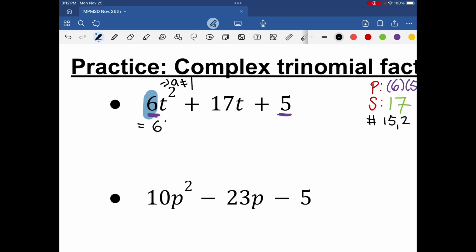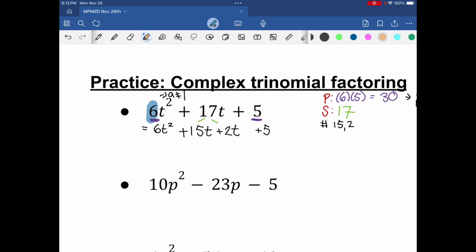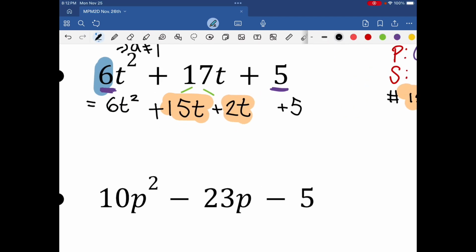So I'm going to rewrite everything, the first term and the last term, and my middle term splits. So I'm literally taking the numbers that I just found and using those numbers to split my middle term.